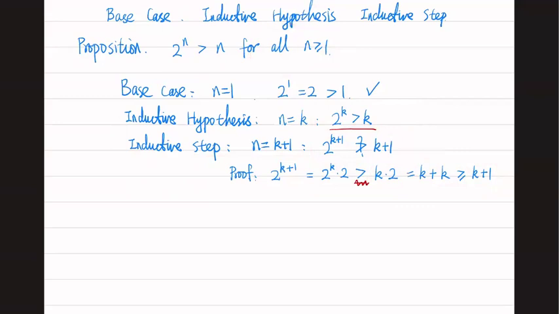A question. But yes, you said that in the proof there's a 2 to the k plus 1 power, right? Then it says equals k times 2. So what happened to that 1 is my curiosity. What happened to that 1 in the k plus 1?